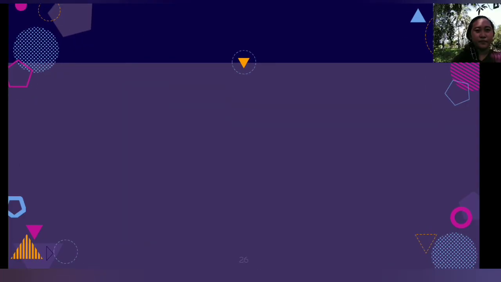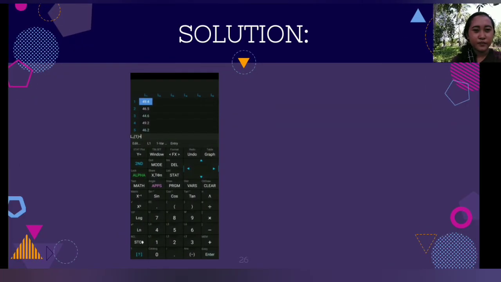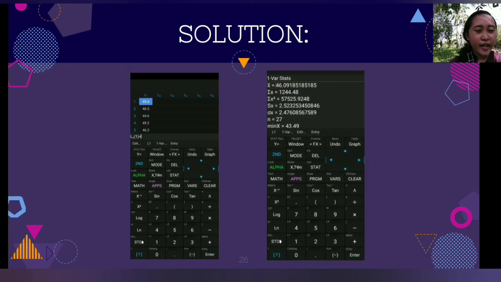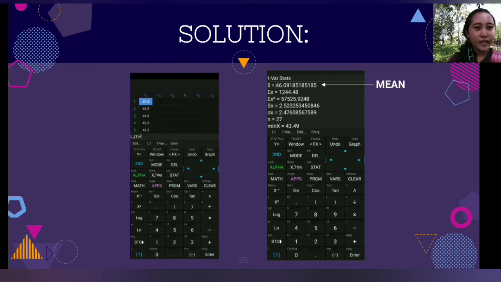So here, the solution. For the first step, we have listed all the data. We have here 49.4. And then for the second, we have the result. For the mean, 46.0918.